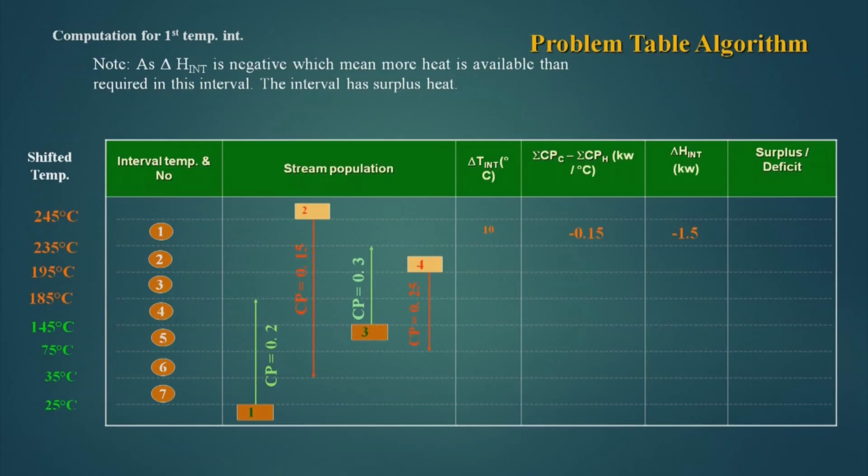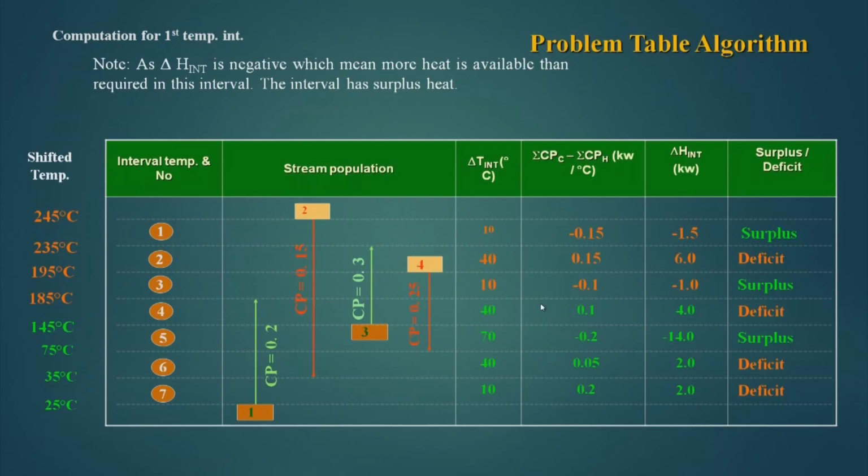So, this interval has a surplus heat. So, this moves to surplus, it becomes surplus, and this is clear from this interval. There is only one hot stream which is ready to give heat in this temperature interval. There is no cold stream to take this heat. So, this heat remains as it is, and this can be transferred to a lower temperature interval, and that is why this much amount of heat is surplus.